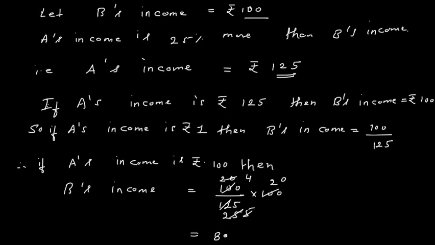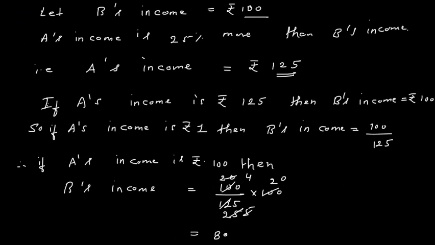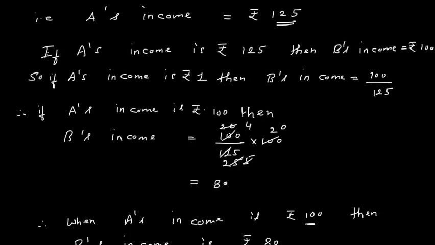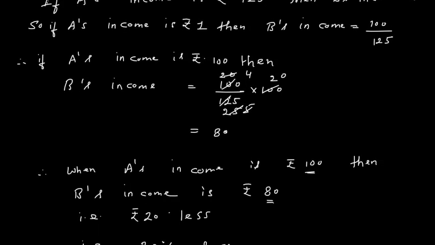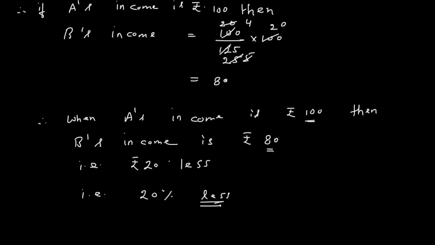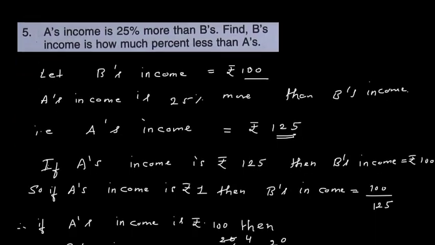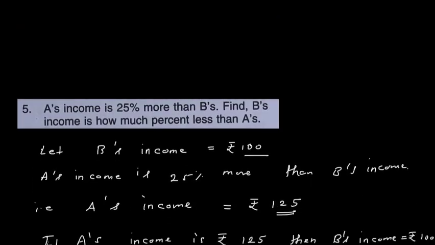Here we have done the same thing. A's income was 125, then B's income was 100. So I reduced A's income from 125 to 100, and on 100 I find that B's income is 80, and this is how I managed to understand how many percentage B's income is less. Got it? Okay.